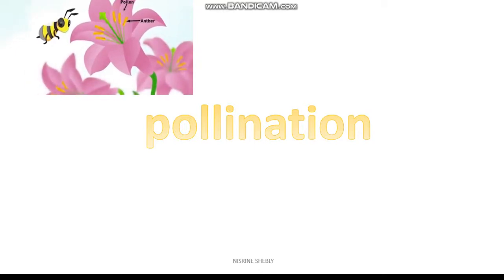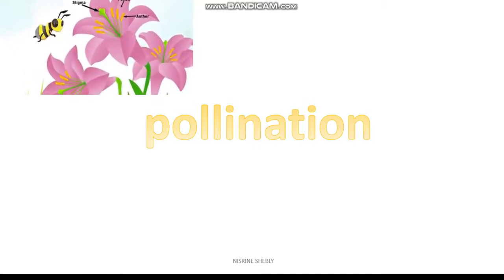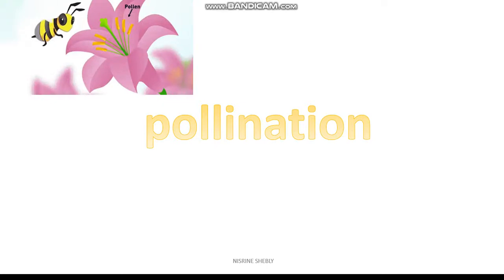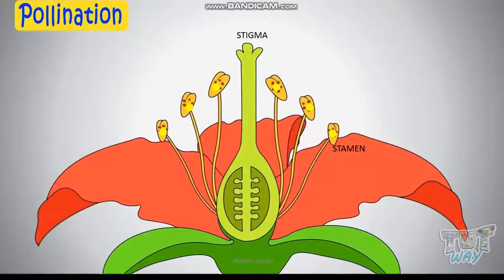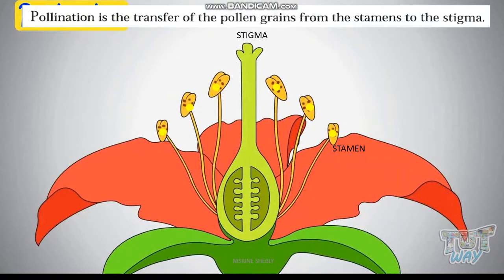First process, this process is very important, it's the pollination. Pollination is the transfer of the pollen grains from the stamens to the stigma.